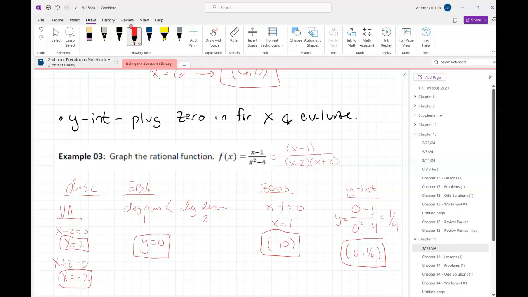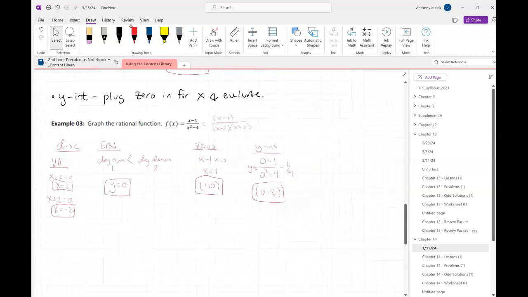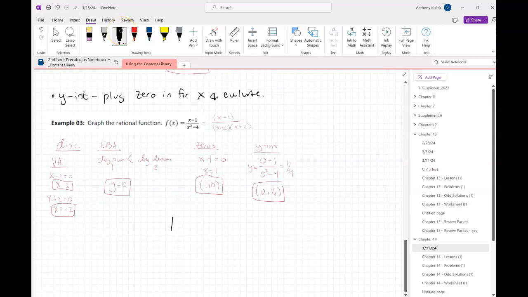Now what I want to do is take this information and build a graph out of this. Cool? All right. So I'd like to draw on my asymptotes first.